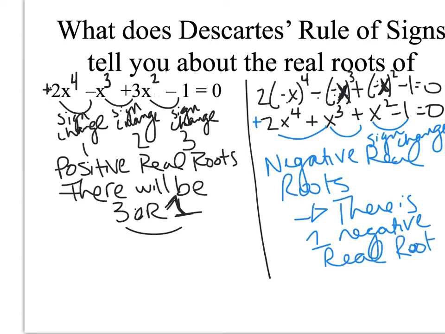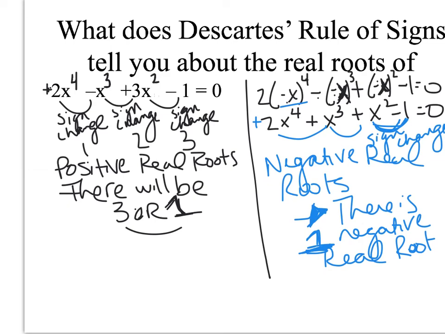The reason there's 1 is because there's 1 sign change when I put in that negative x. And much like the positive, if it's less, it's got to be less by an even number. Well, I can't take 2 away and still have a root, because I'd end up with a negative 1. So there's definitely 1 negative real root.